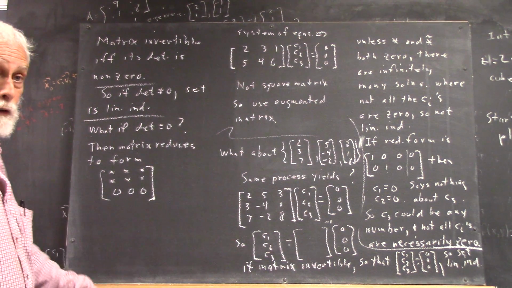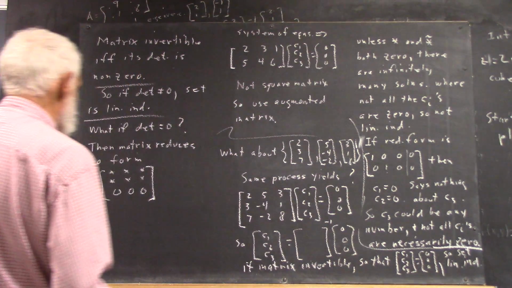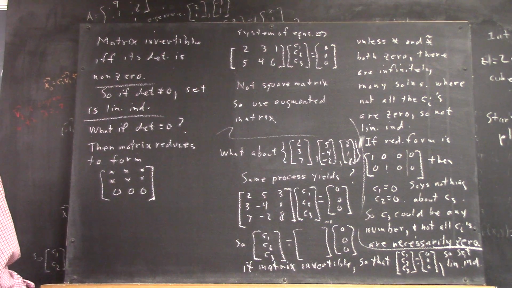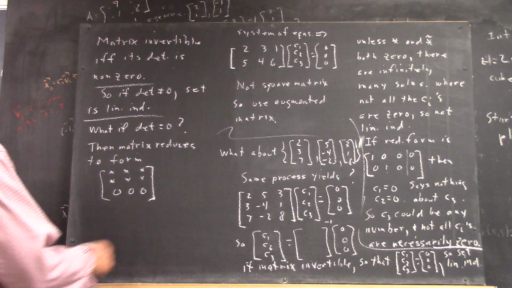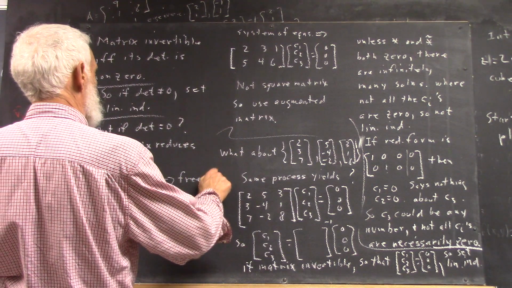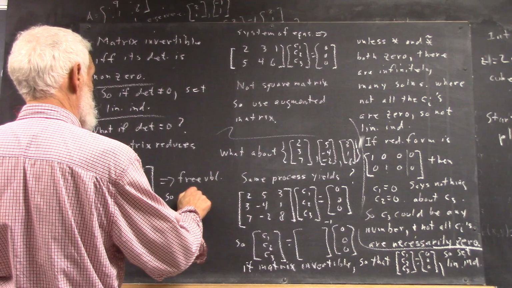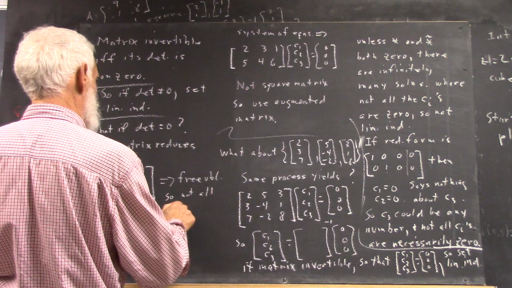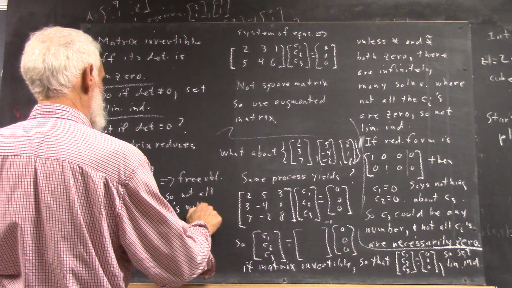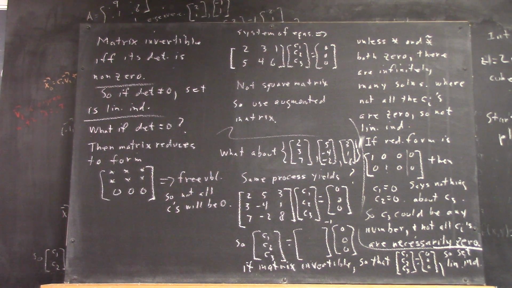But if you get a row of zeros, that implies you got a free variable. So not all the C's will be 0. Okay?